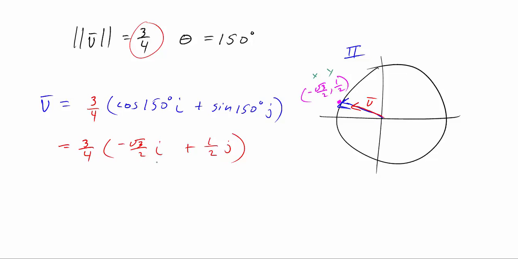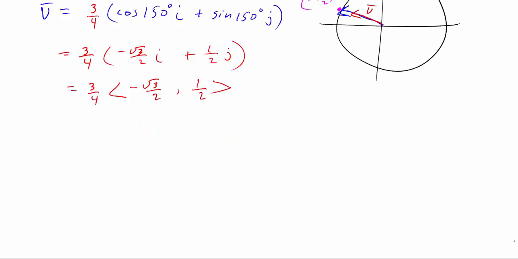And again, if you prefer to write this instead of using i and j, we could certainly use our brackets and write this as 3/4 and use the brackets here and write it as negative square root of 3 over 2. And because we know that is the x, we don't have to use the i, it's just comma 1/2, and we know that's the y coordinate, so we don't need the j. So there's 3/4 times negative square root of 3 over 2, and 1/2.